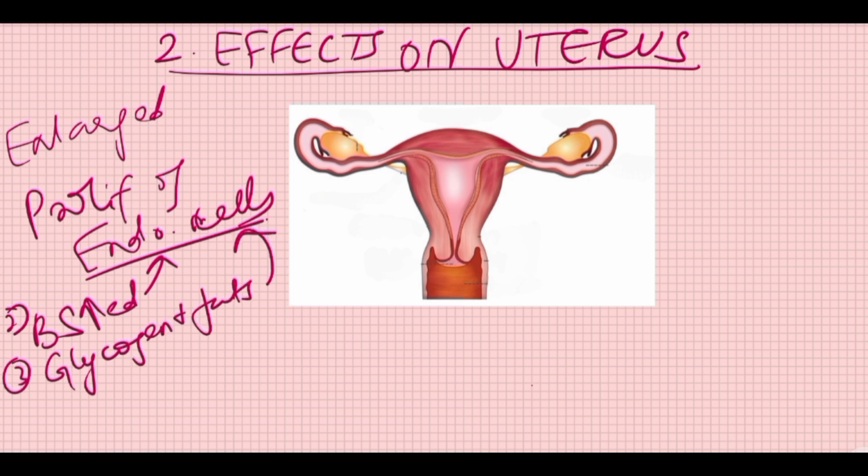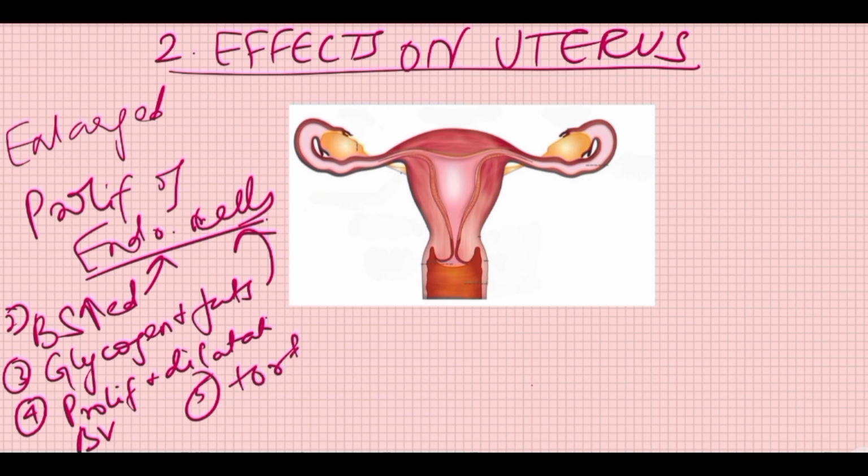All the changes mostly happen in the endometrium of the uterus. Fourth one is the proliferation and dilatation of the blood vessels in the endometrium. Fifth one is the proliferation and dilatation of endometrial glands, which become tortuous with increased blood flow.